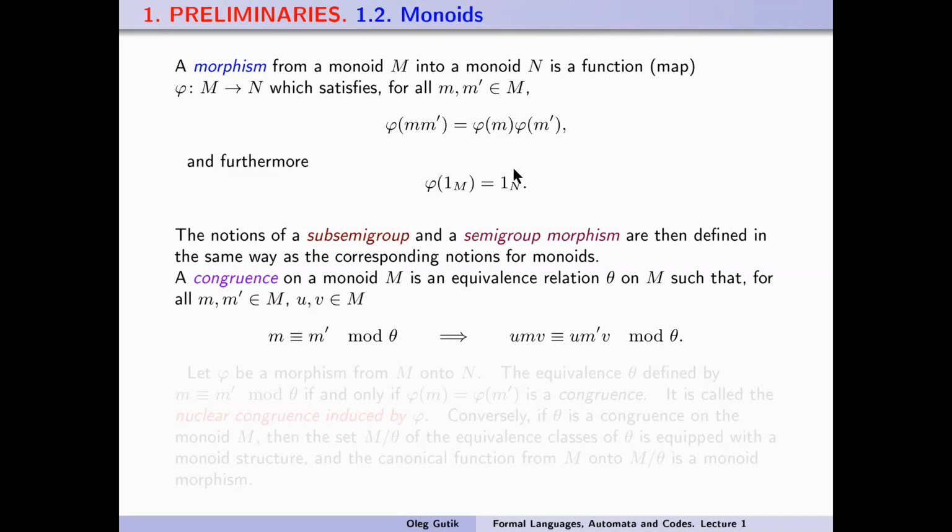So what is an equivalence relation? A relation alpha on X is a subset of the product X times X, and is called an equivalence relation if alpha is reflexive.